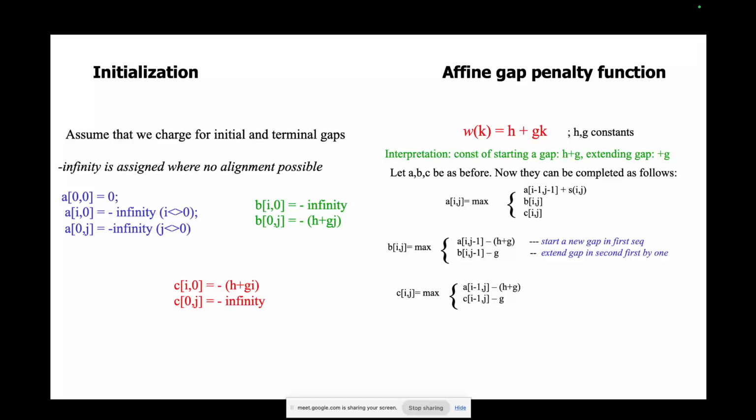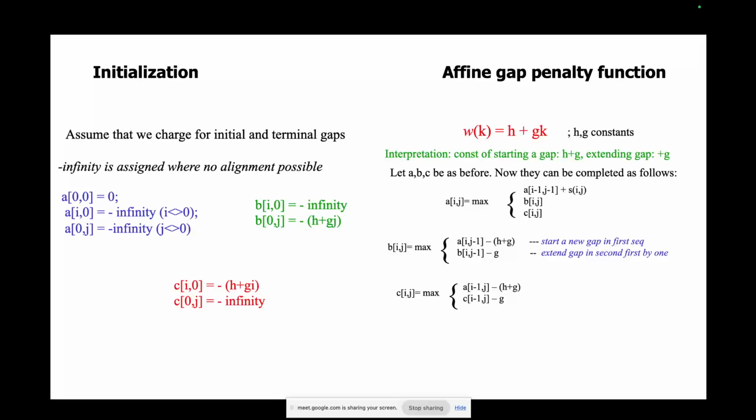I'll give you a small example. If you have the same gap opening penalty for two gaps, one of which is half the length of the other, the score of the larger gap will be almost double the negative score of the smaller gap, right?